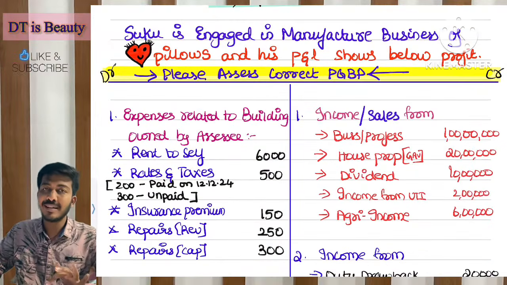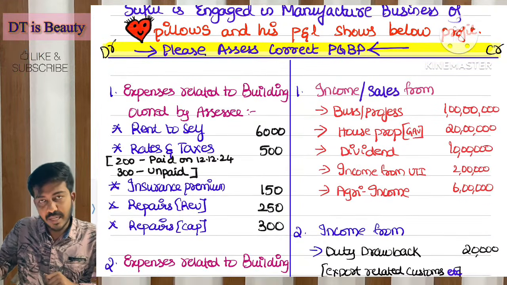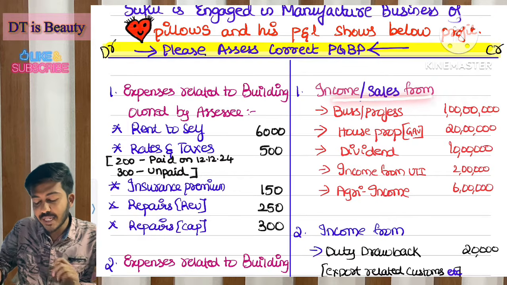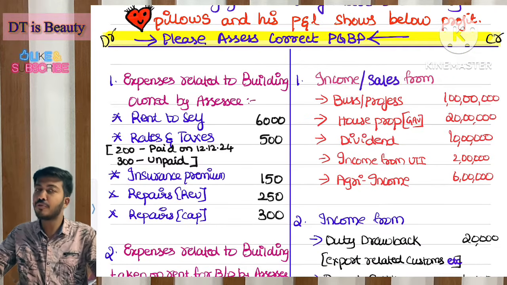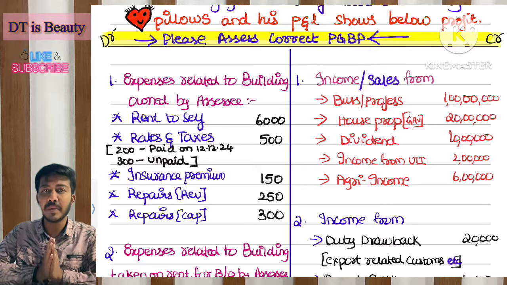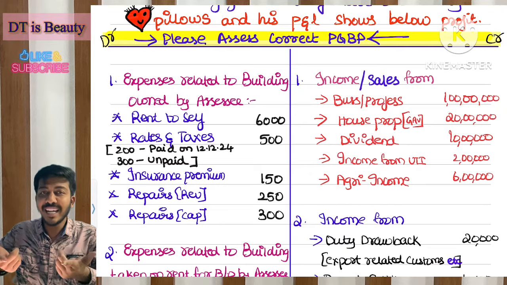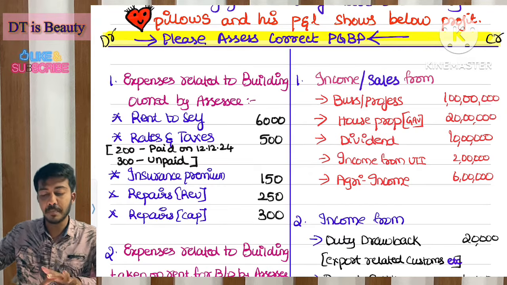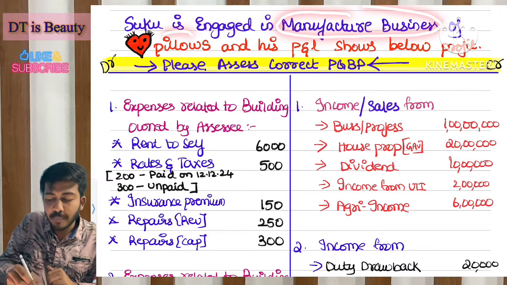Let us go to the credit side first. So they have taken this income or sales from business or profession. You will have to eat 2 tablets before you do the PGBP answer. That is, whatever items are present in the P&L should be revenue in nature. And second, it should be incurred by the assessee fully and exclusively for the business purpose, which means his business is the manufacturing business of pillows.